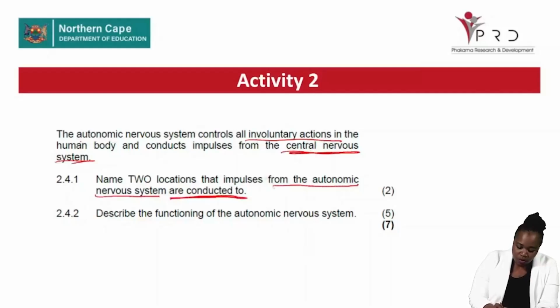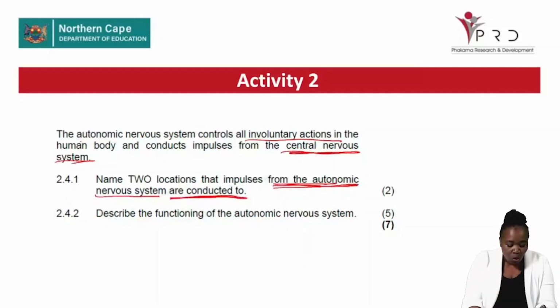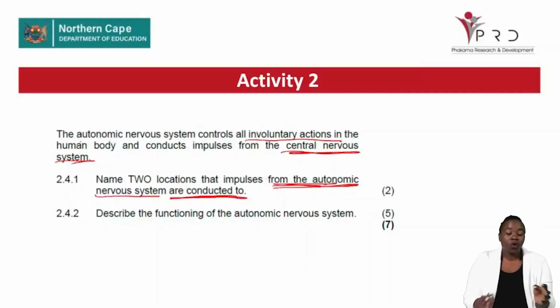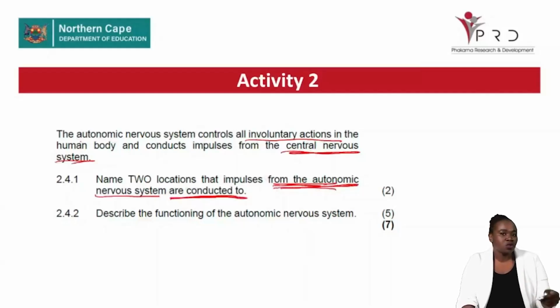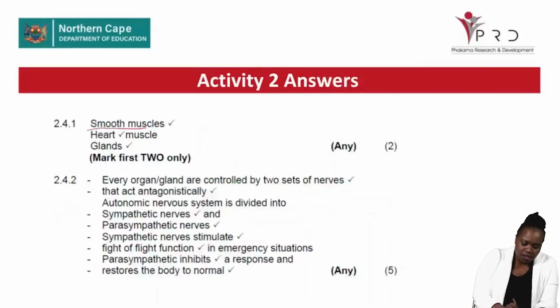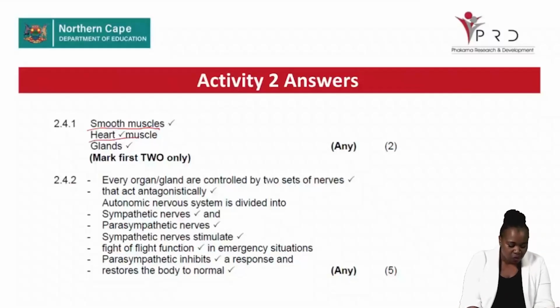So when this autonomic nervous system is functioning and conducting impulses around the body, which parts of the body would react in response to its functioning? This would be things such as the smooth muscles, the heart muscles, as well as the glands.